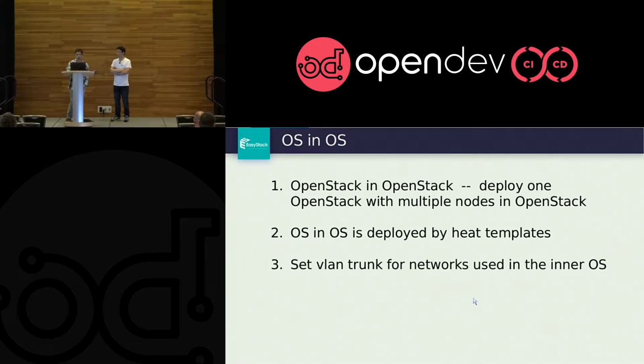And the OS in OS is deployed by Heat templates. There are several templates with several configurations to deploy the OpenStack in our local private cloud.